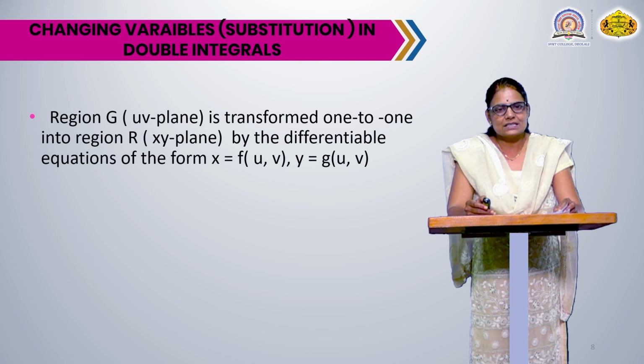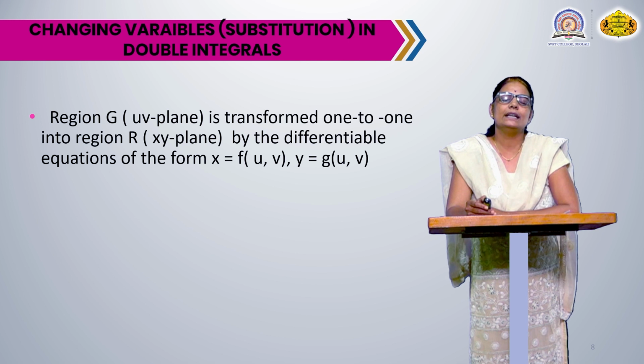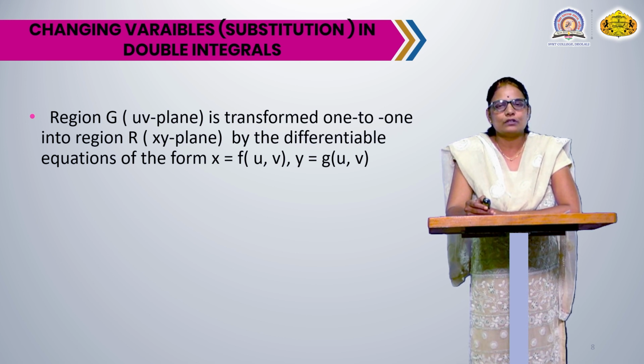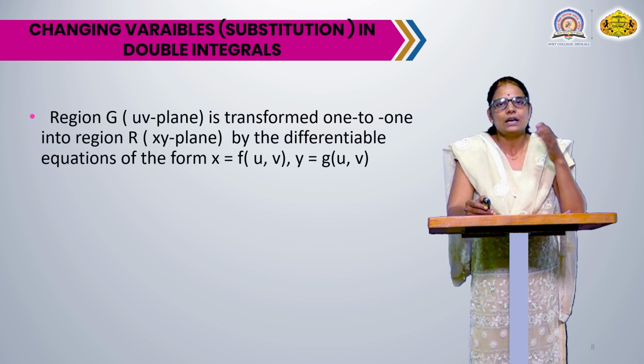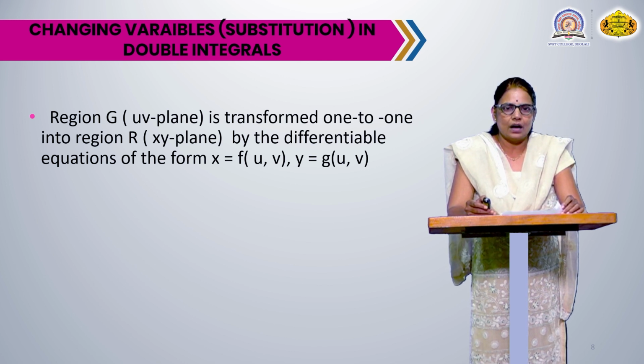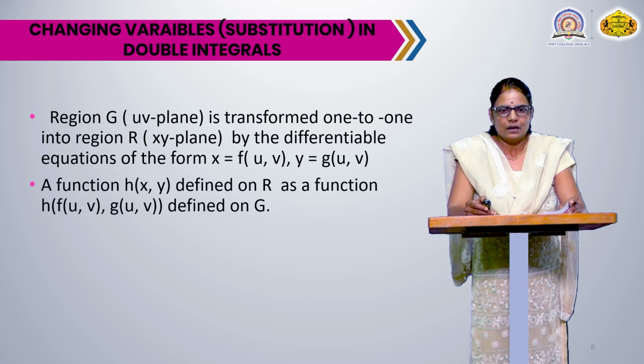So now let us consider what changing variables, that is, the substitution method in a double integral, is. For that we consider a region G in the uv plane. That region is transformed one-to-one into a region R in the xy plane by equations of the form x is the function of u, v, that is, x is f of u, v and y is g of u, v.